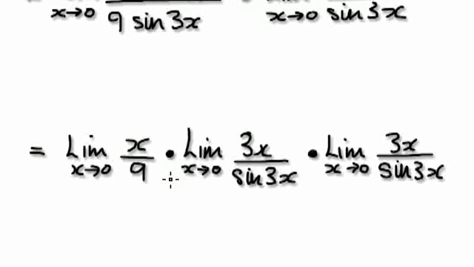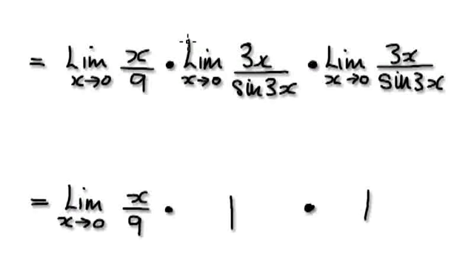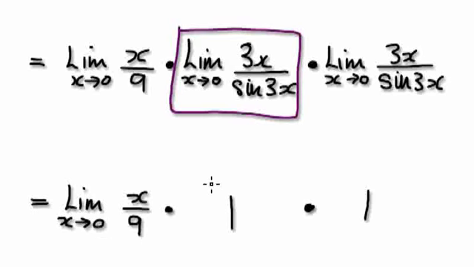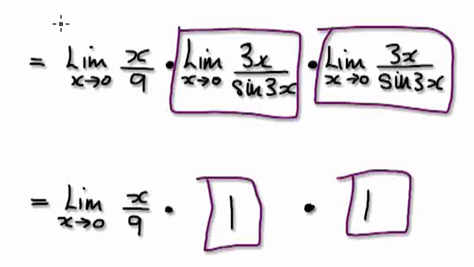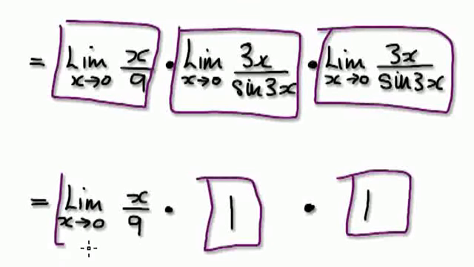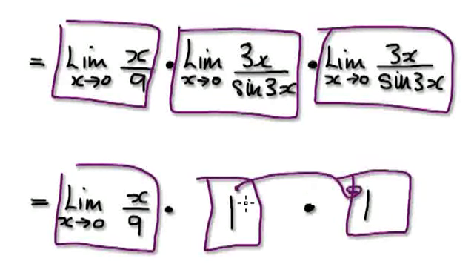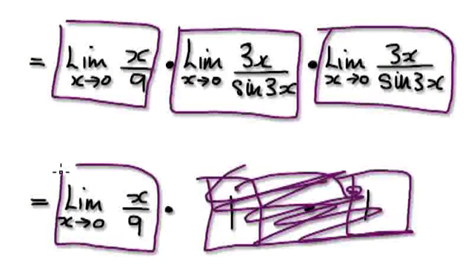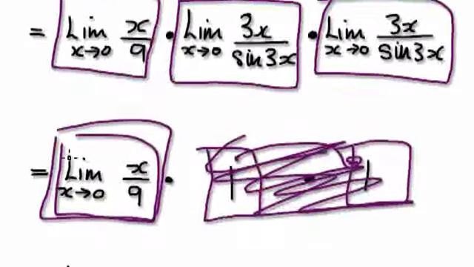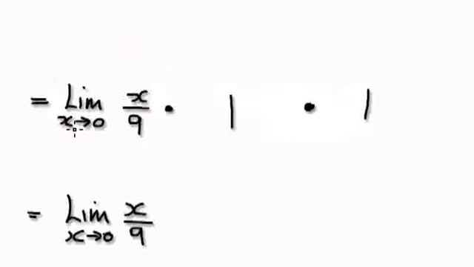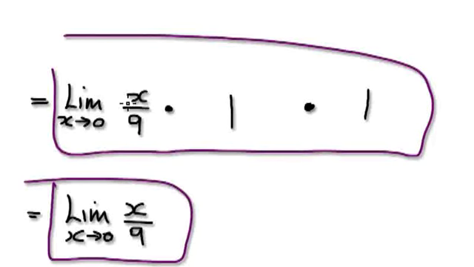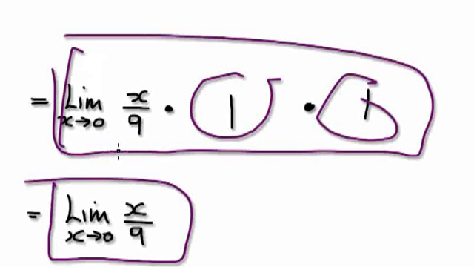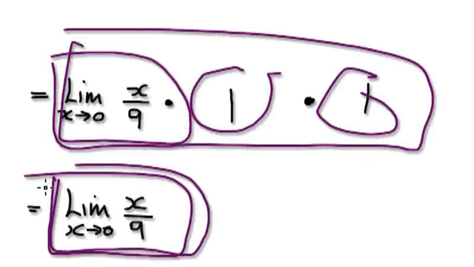So 1 times 1 is really 1, so we can pretty much forget about this. Let's just concentrate on finding out the limit of this. This whole thing boils down to this, because 1 times 1 is 1, and then you times this thing here, leaving you this.